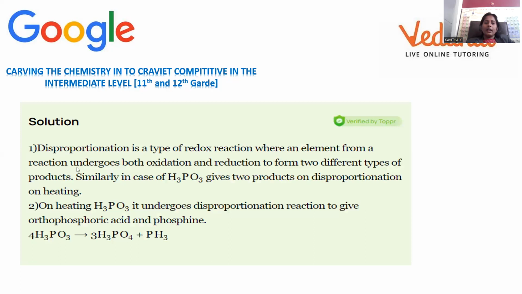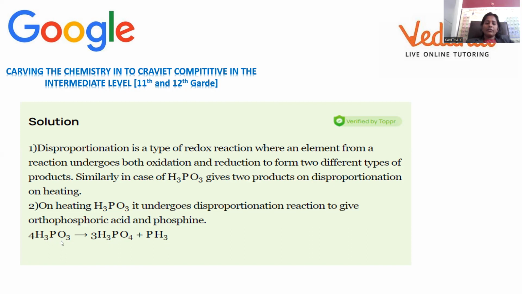Let's see. Disproportionation stands for a compound itself being converted into one oxidized product and one reduced product simultaneously. That is said to be disproportionation. It converts into one higher oxidation compound and one lower oxidation compound, the reduced one, right? So both possibilities with the same compound is called disproportionation. H3PO3 is converted into H3PO4 and PH3.